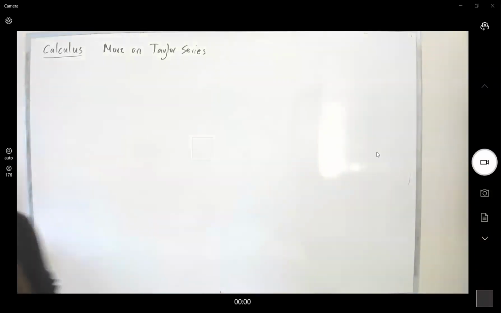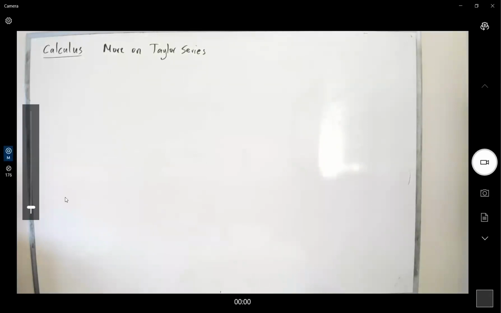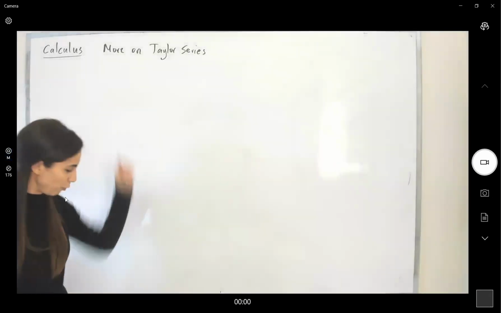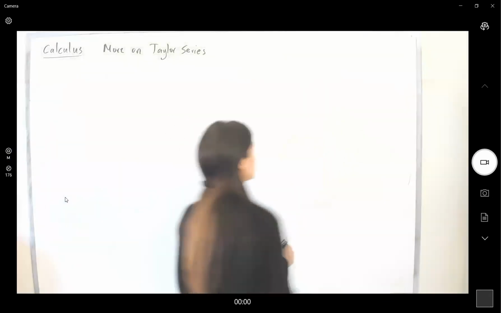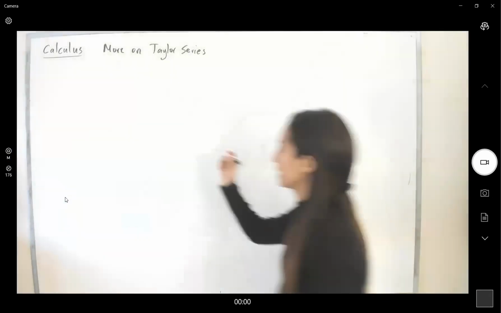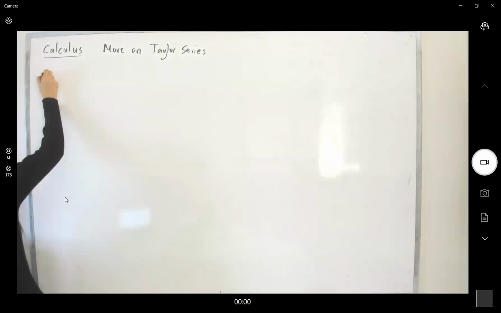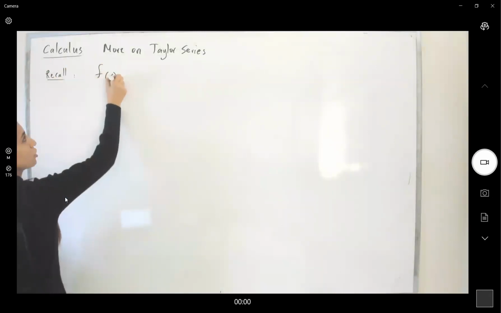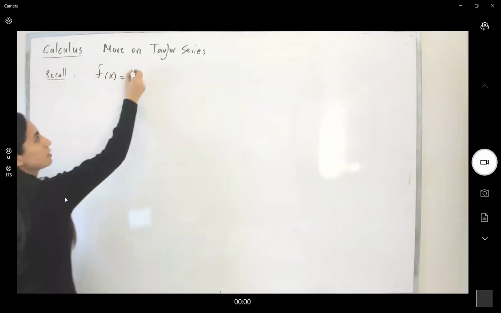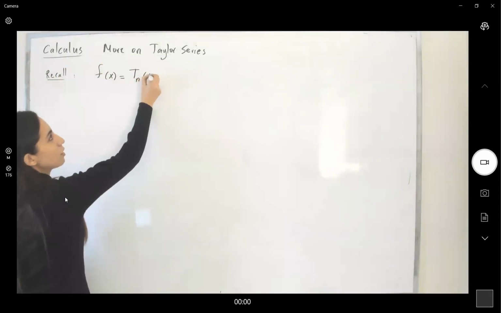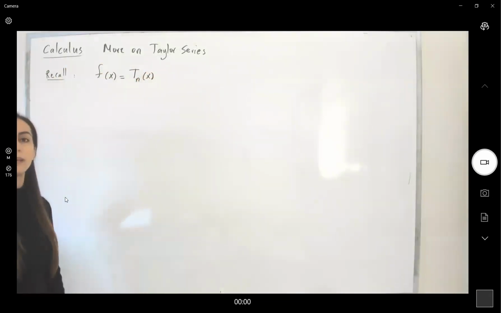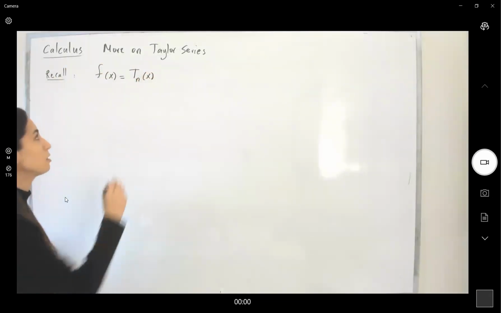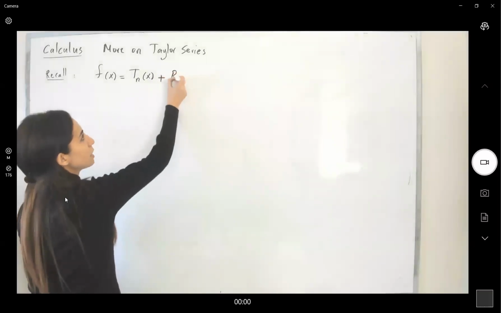Welcome everyone. So today we're going to continue more on Taylor series, what we learned so far. Recall that we said, suppose you have a function, and that function can be written as Tn of x, which is your nth degree Taylor polynomial, plus a remainder.